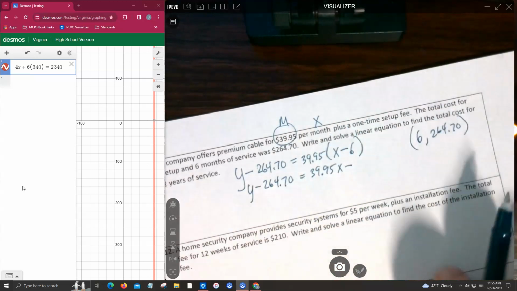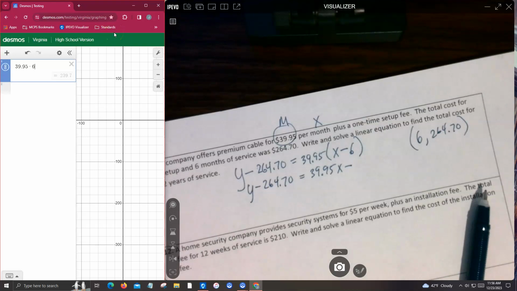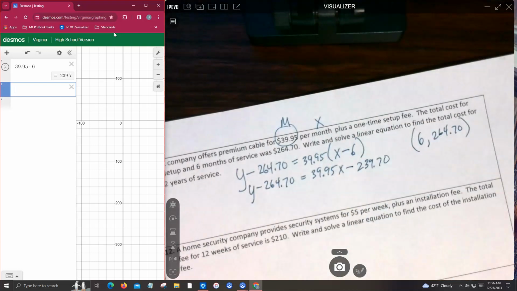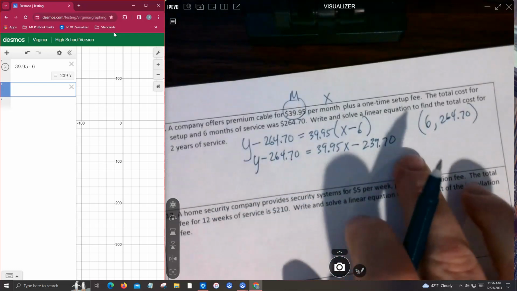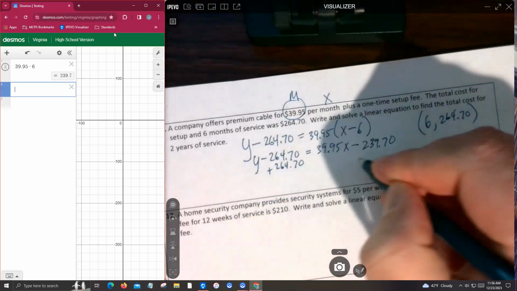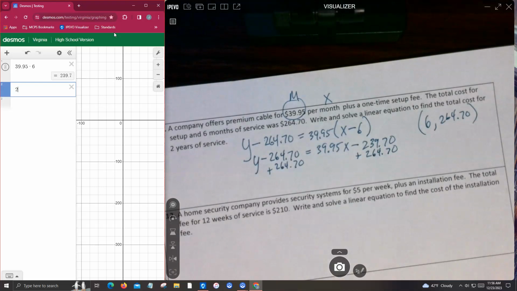Minus, I'm going to use decimals for a second, 39.95 times 6 is 239.70. And then I've got to bring this over there. So 239.70 plus 264.70.